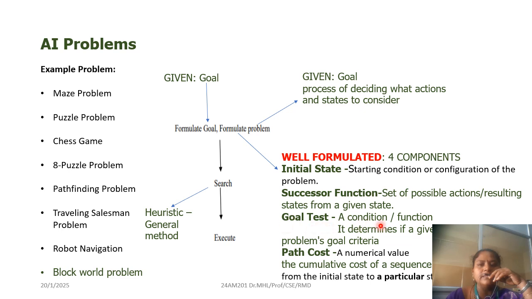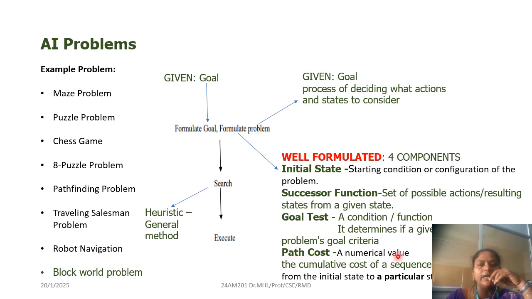Goal test is the condition, in some cases the function, that determines whether we have reached a goal state or not. Goal state can also be stated as problem's goal criteria.